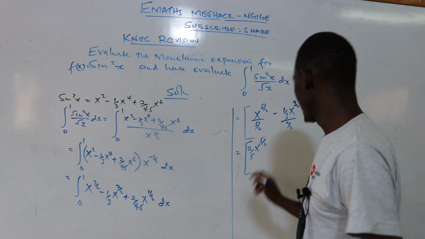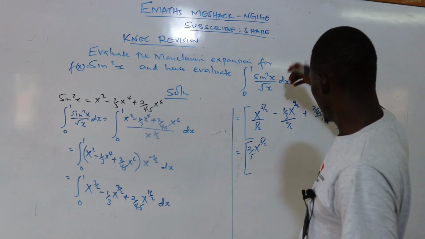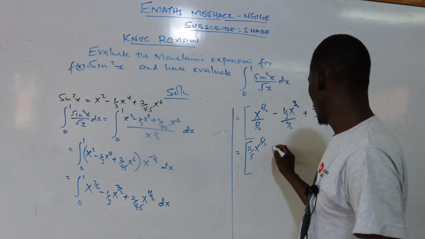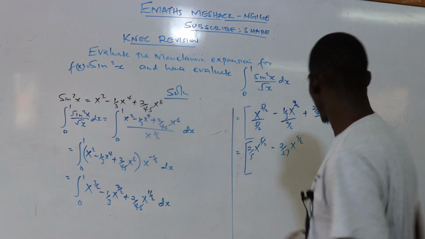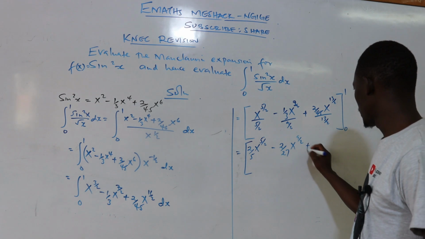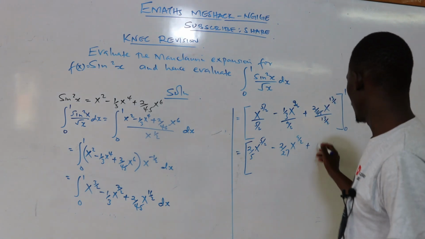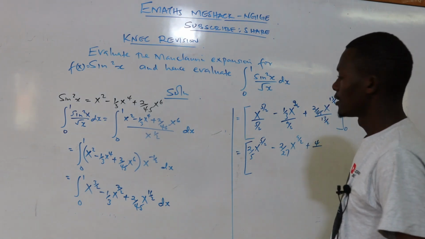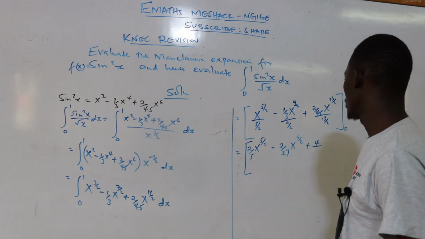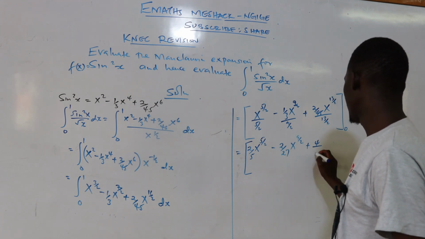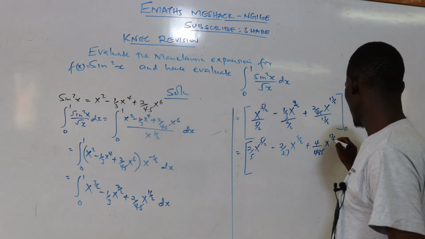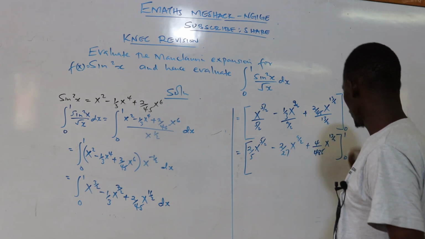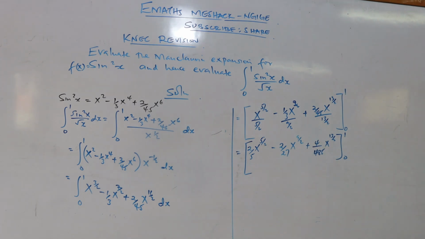Then again reciprocate this, so we shall have 2 over 27 x to the power 9 over 2, then plus, reciprocating this one again will give us 4 over 45 times 13 x to the power 13 over 2 from 0 to 1. So we have those terms.